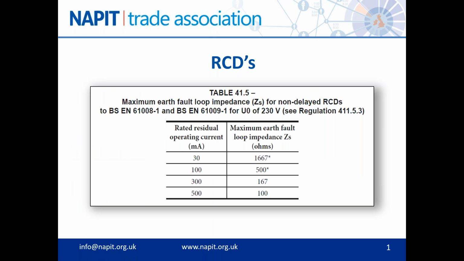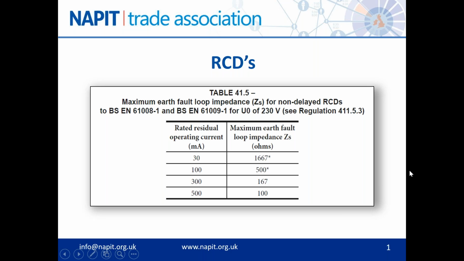The table in front of you, those that have looked through the regs will notice Table 41.5, is a table to show the highest resistances that we can have, in theory, for RCDs on the left hand side to operate. It works on 50 volts being dangerous.